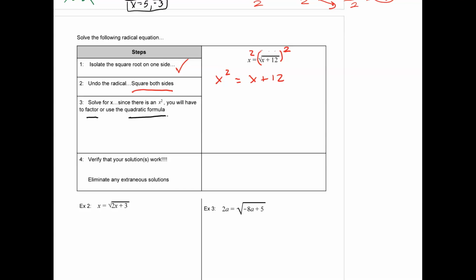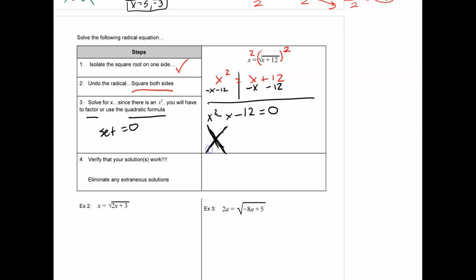It should work. First thing we need to do, make sure that one side is equal to 0. I'm going to subtract x and 12 from both sides. We get x squared minus x minus 12 equals 0. If we're going to factor, a times c is negative 12, b is negative 1.